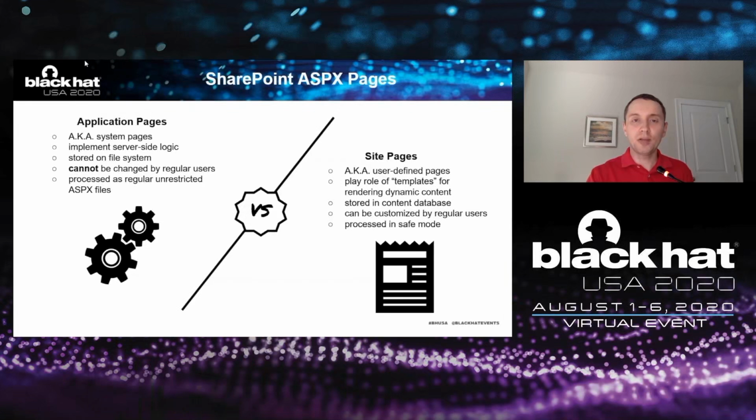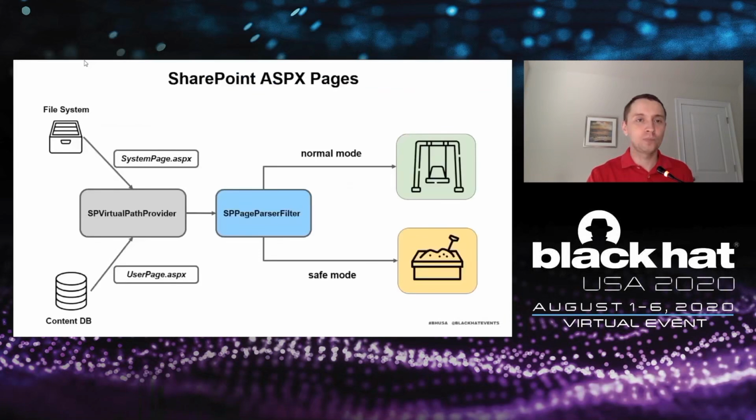In contrast to them, there are site pages. They are stored in databases and they can be customized even by users. SharePoint parses them in a special mode, also known as safe mode. They are more like a sort of template for dynamic content. On this slide, we can see a diagram of how the server works with these pages.